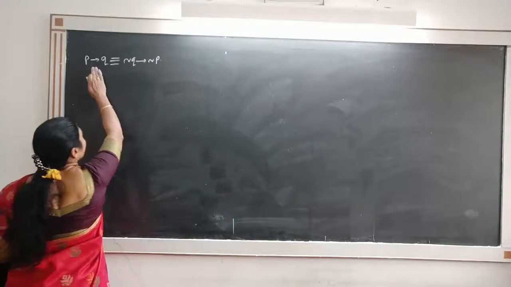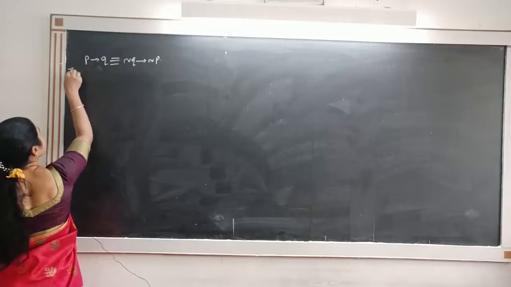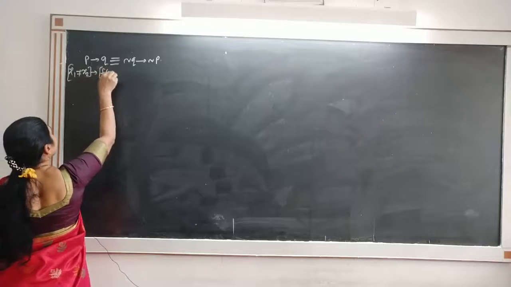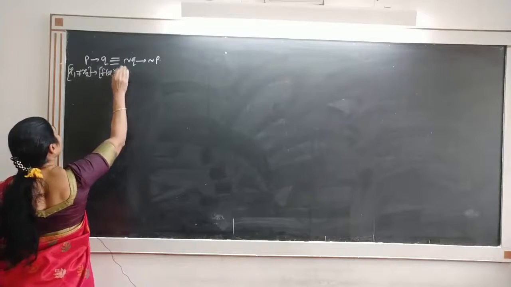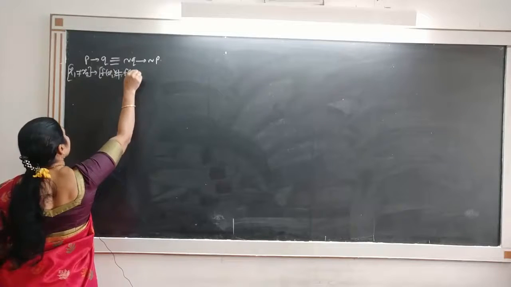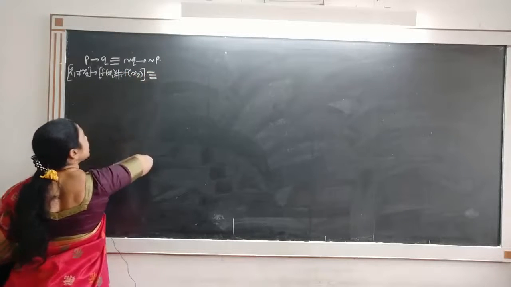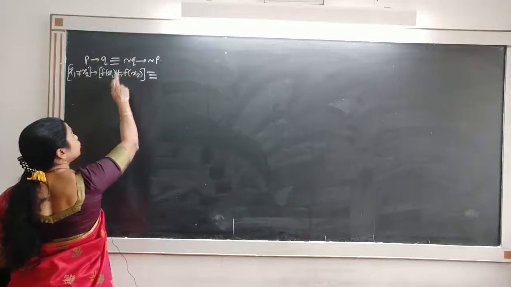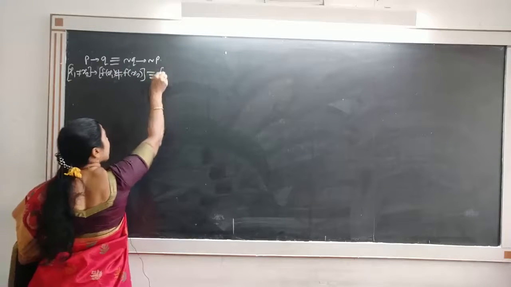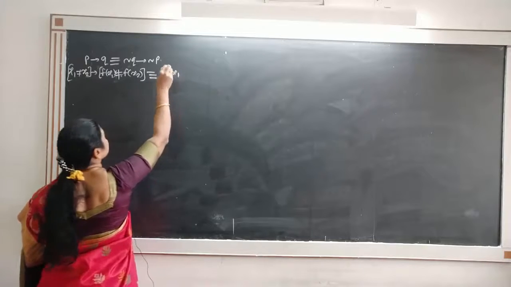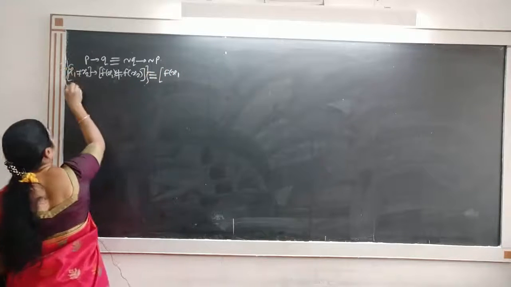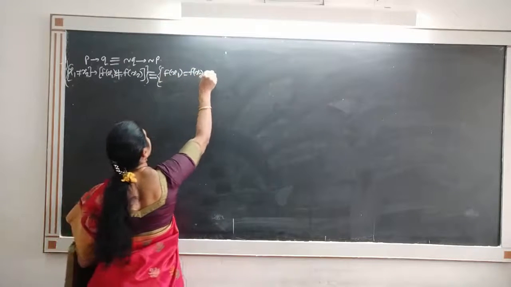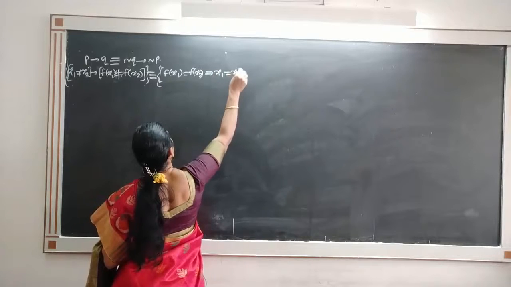How do we write it down? We are saying that x1 not equal to x2 implies that f of x1 not equal to f of x2. So what will be logically equivalent to this? The negation of Q implies the negation of P, which means f of x1 is equal to f of x2 implies that x1 is equal to x2.